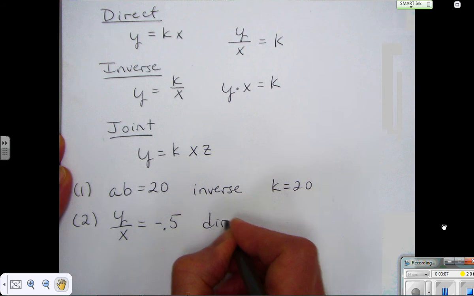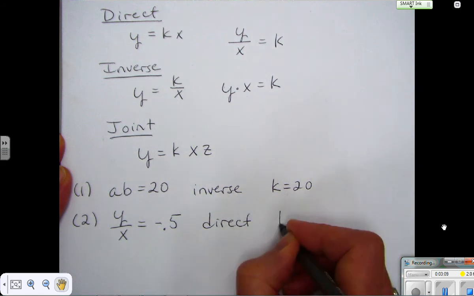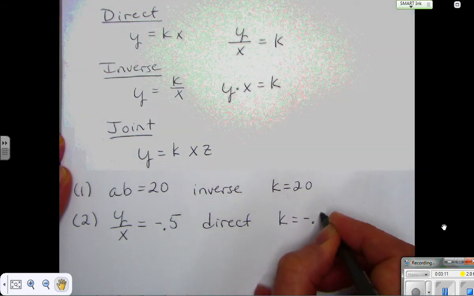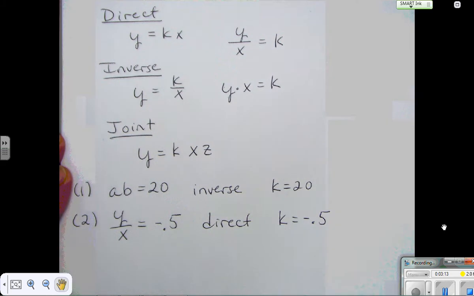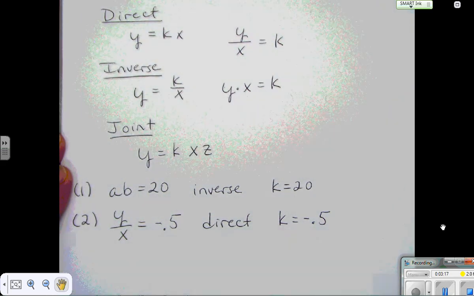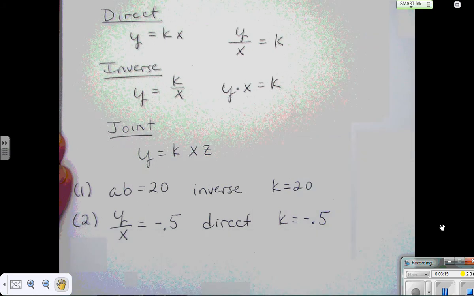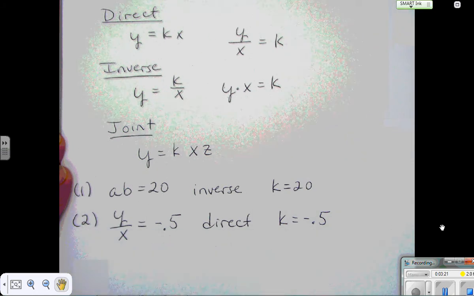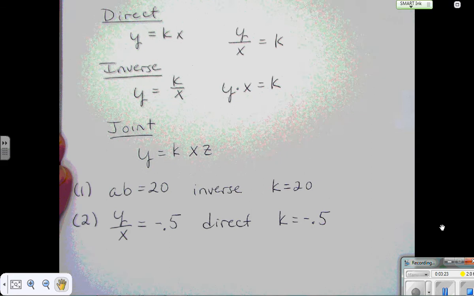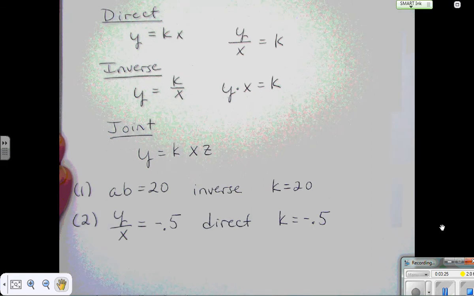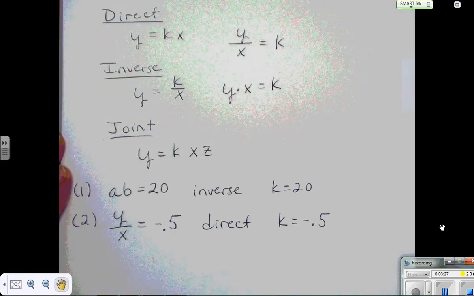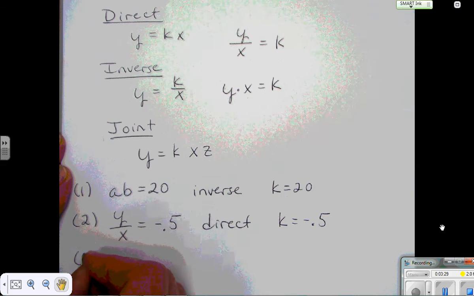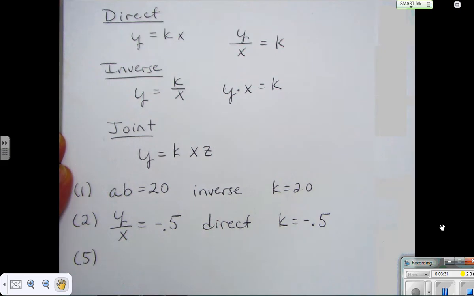So it's a direct variation, and the constant is negative 0.5. Okay, now when they don't have a constant explicitly written, like on number 4, what would your constant be? 1. If it's not there, it's understood to be 1. Very good.